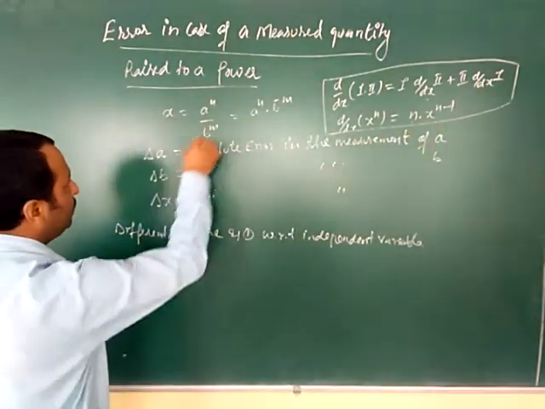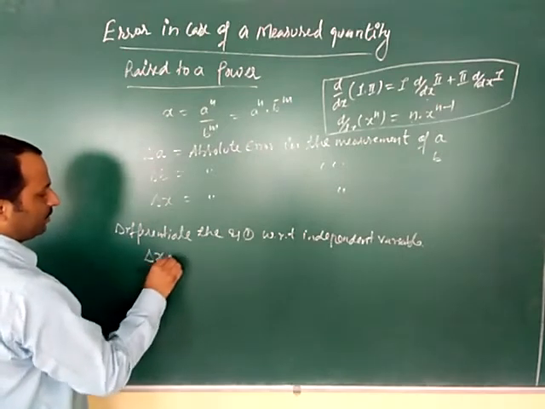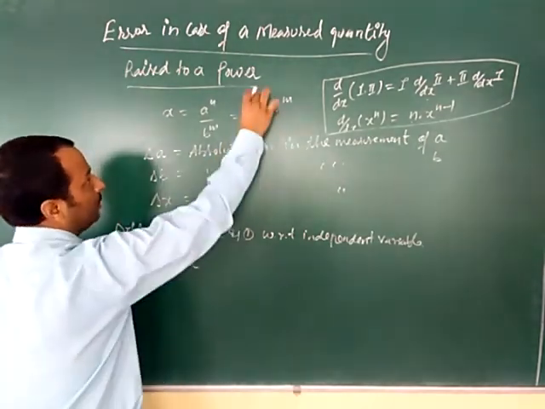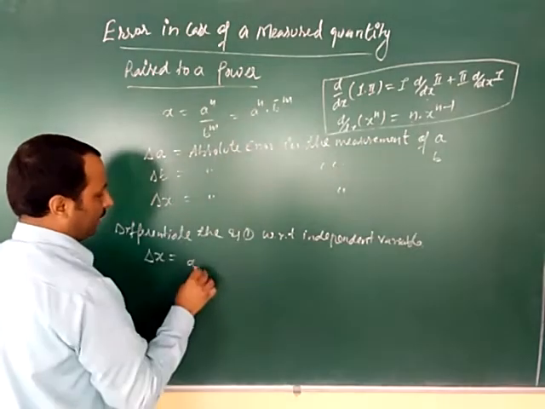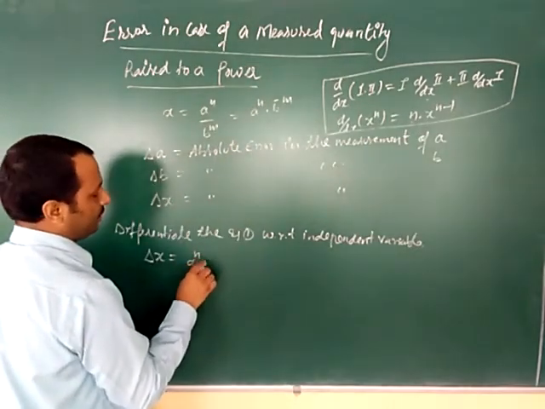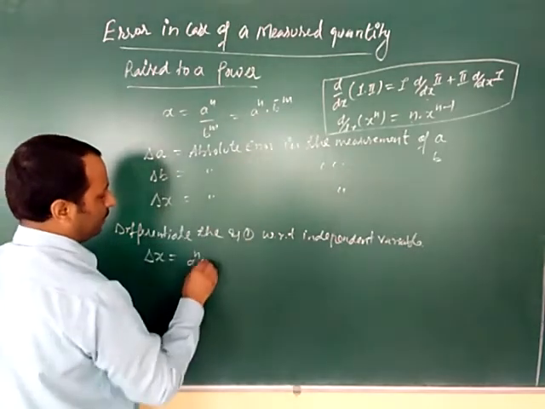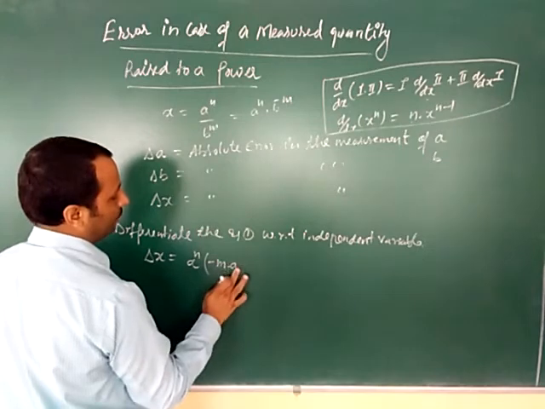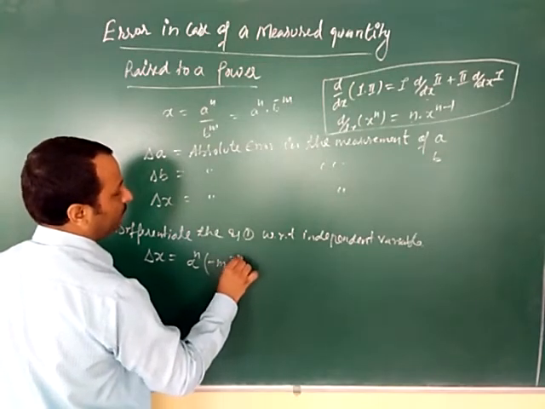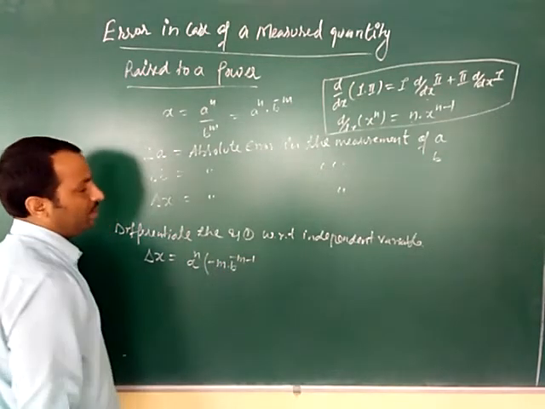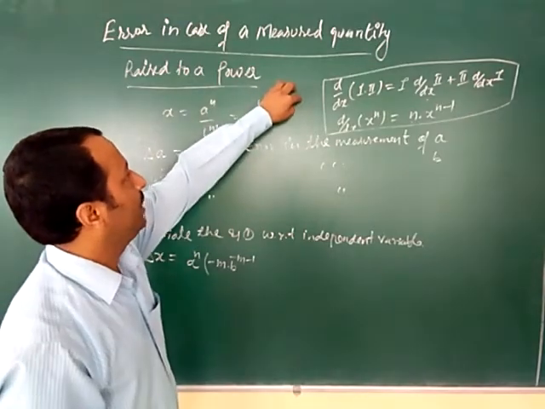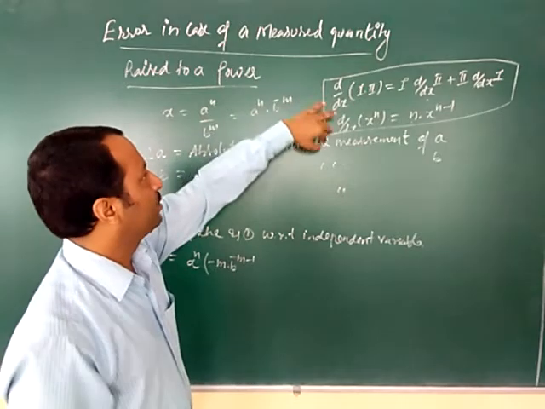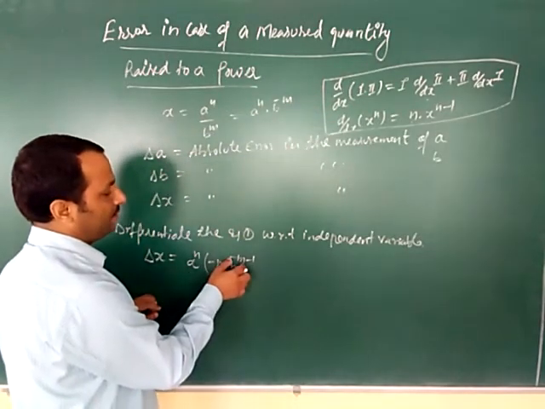So delta x is equal to, let this be first, this be the second. So first will remain as it is, into differentiation of second. So minus m into a to the power n into b to the power minus m minus 1. Minus m, this power will come in front, and b to the power minus m minus 1.